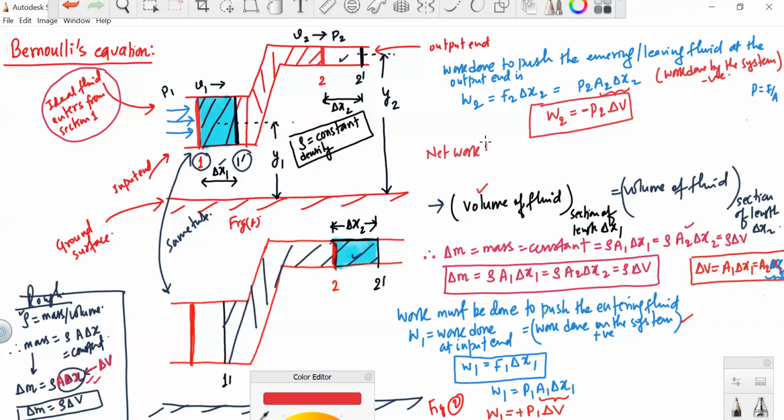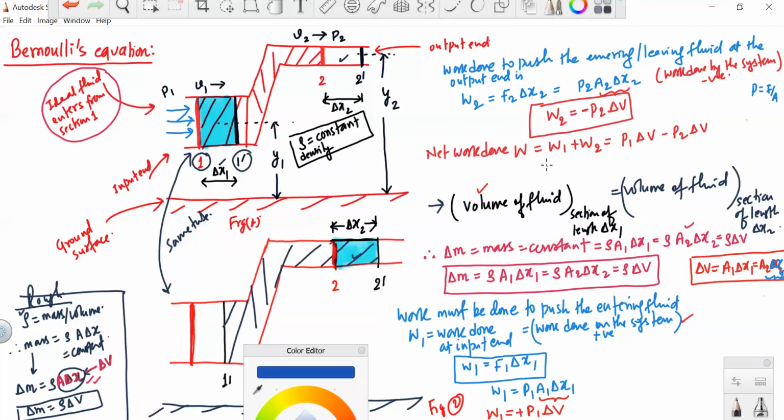So net work done, W equals W1 plus W2, so W1 is P1 delta V. So we have W2, which is minus P2 delta V. Therefore, net work done, W equals P1 minus P2 delta V. So we have this.